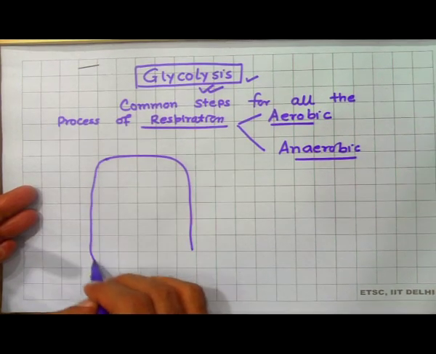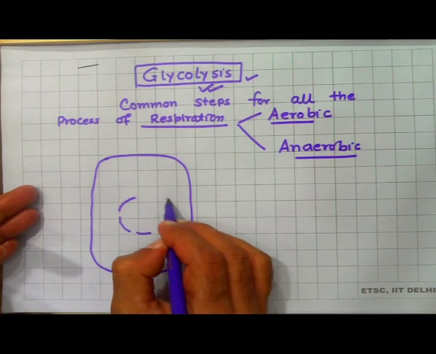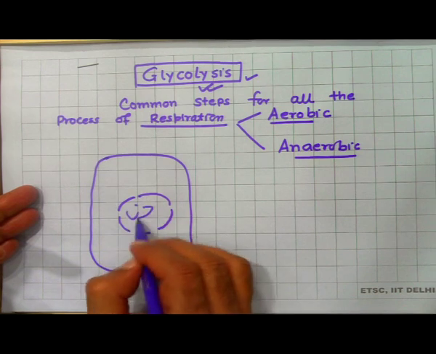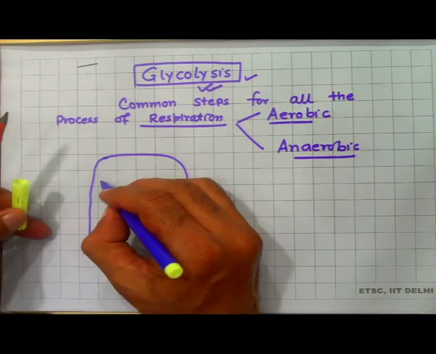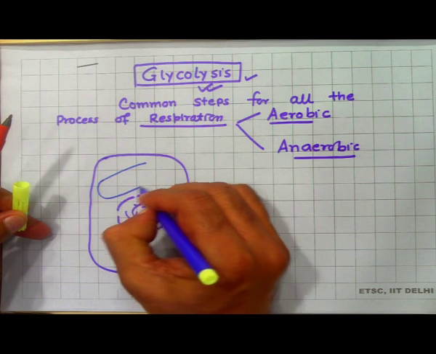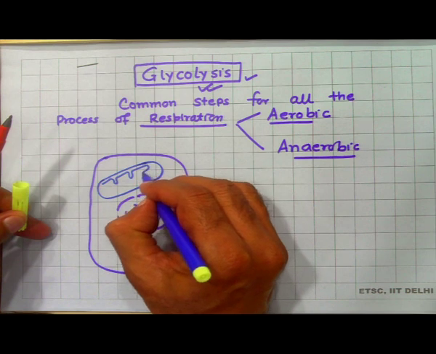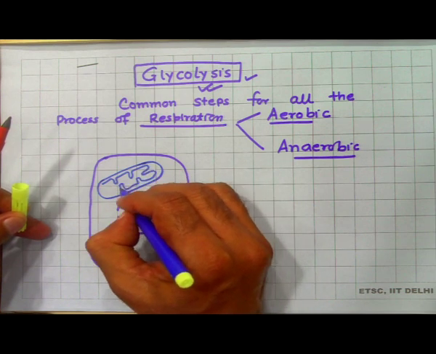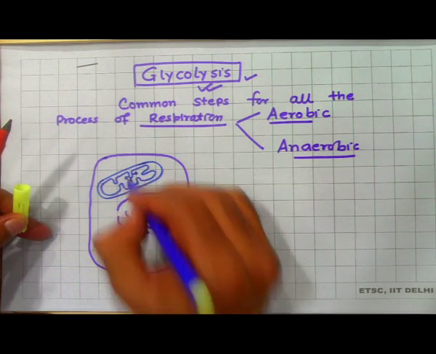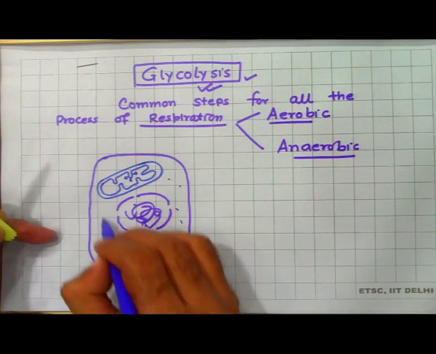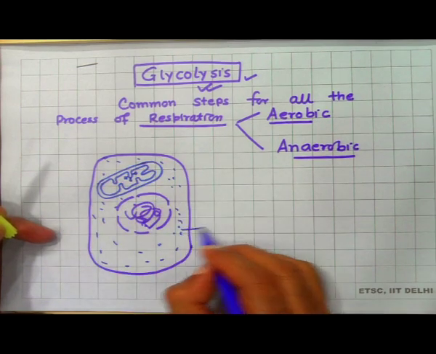Here is the cell, suppose this is the cell, here is the nucleus, bounded by nuclear membrane, and here is the mitochondria. The outer wall is smooth, and in mitochondria oxysomes are there. This one is cytoplasm.